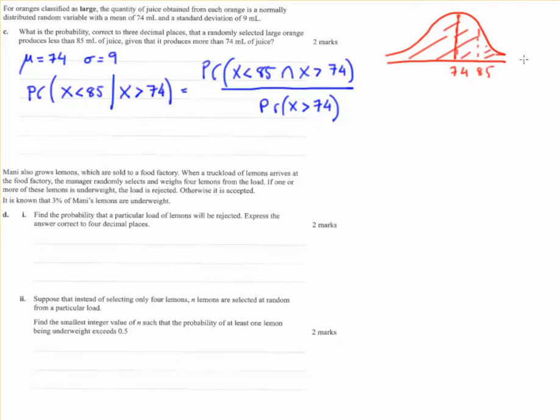Everything here is greater than 74, everything here is less than 85, so the overlap is where x is between 74 and 85. So we can rewrite that: we're looking for the probability that x is between 74 and 85, divided by the probability that x is greater than 74.